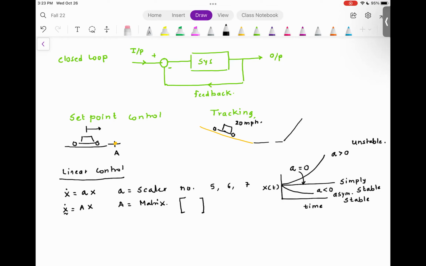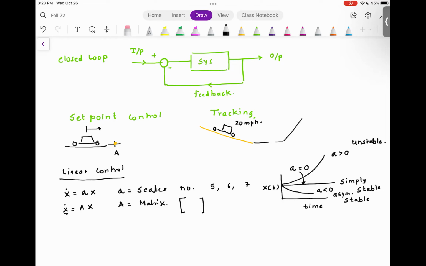Now here comes the crux part. Whether you study PID or whether you study pole placement, all these controller techniques are focused on changing the sign and magnitude of A. I would repeat this once again, and this is very, very important.